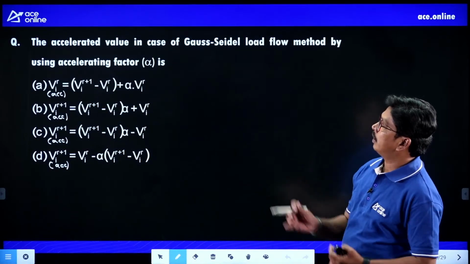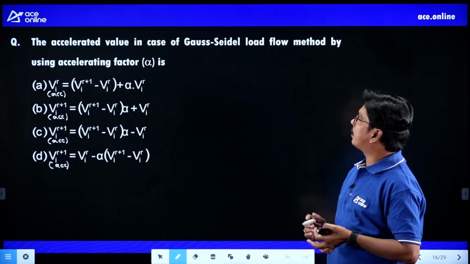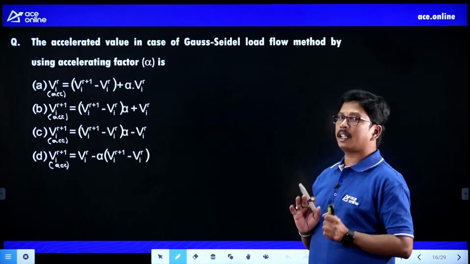Next question. What is the accelerated value in case of the Gauss-Seidel load flow method by using acceleration factor alpha?